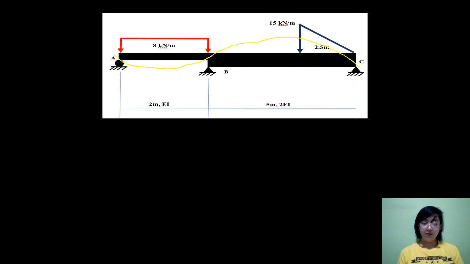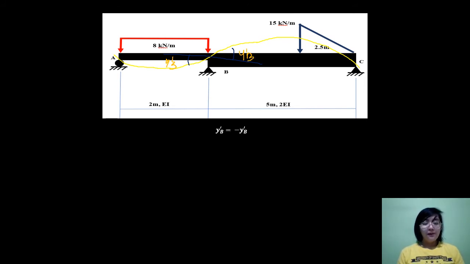This is the beam. Here, we can see that our y prime B of segment AB is equal to y prime B of segment BC.